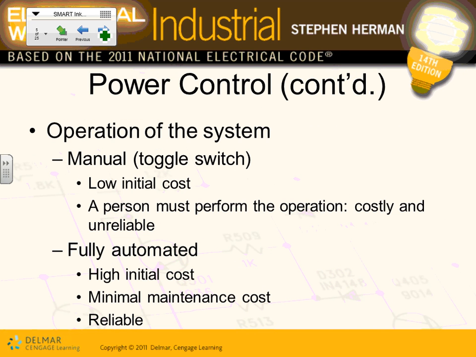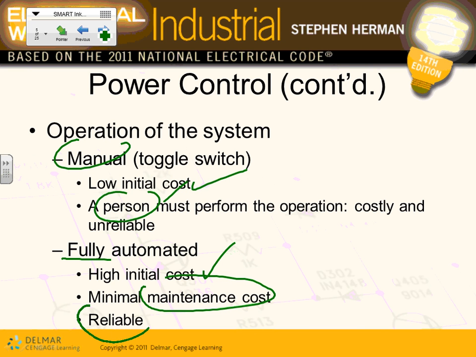Okay, so that's your control system. Power control. We talked about manual, guys. The advantage of manual is it doesn't cost you a whole lot of money, but you have to trigger the switch. Automated costs you a little bit of money and has some maintenance costs, but it's reliable.